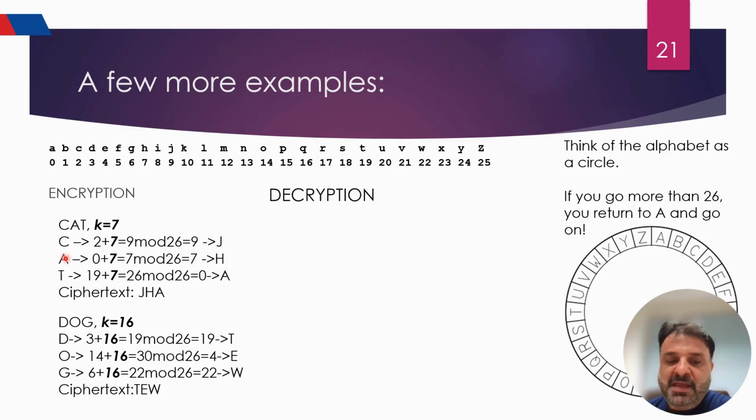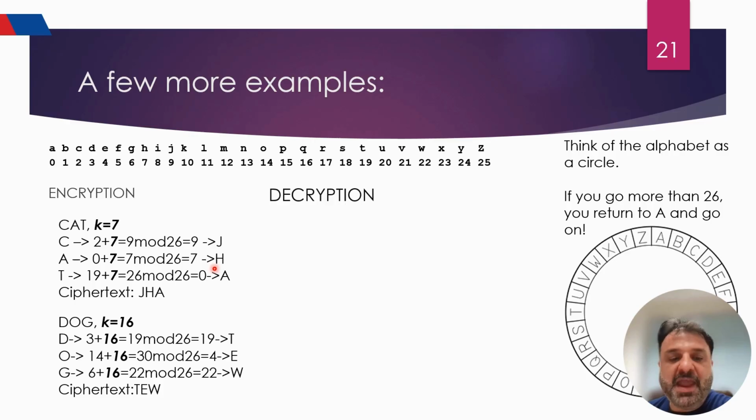C is going to here, okay? We want to know what is encrypted by key 7. It's enough to add 7 to C. So C, D, E, F, G, H, I, and J. So after 7 we have 9, we call it J. Also for A, we start from A as a 0, 1, 2, 3, 4, 5, 6, 7.